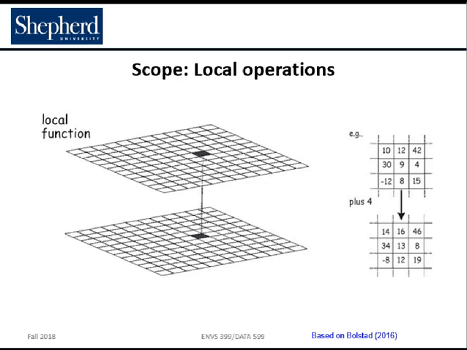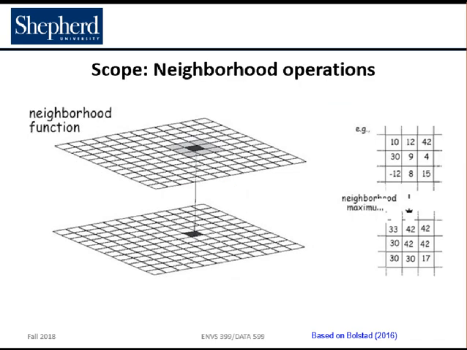A local operation is a spatial operation where the output location, area, or extent comes from operations on that same extent, as seen in this figure. A neighborhood operation is a spatial operation where the output location, area, or extent comes from operations on an area larger than and usually adjacent to the input extent.